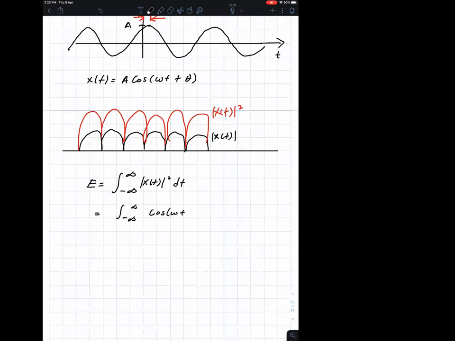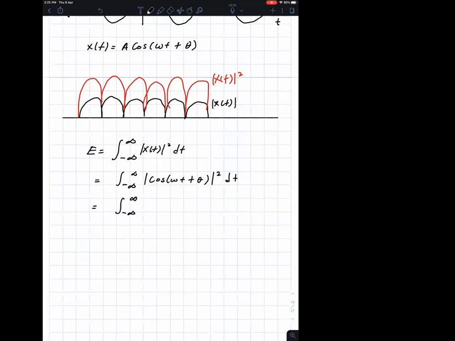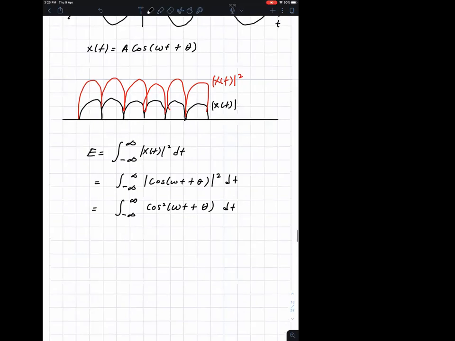Cosine omega t plus theta, squared. So that's going to be the integral from minus infinity to positive infinity of cosine squared of omega t plus theta. So how do we integrate this? You can use a U substitution.